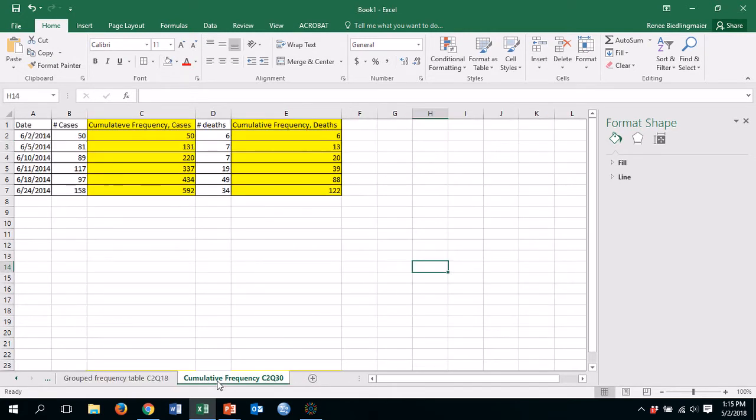So this is what this table should look like filled in, the cumulative frequency cases and the cumulative deaths. Here I have highlighted yellow what you should be filling in.